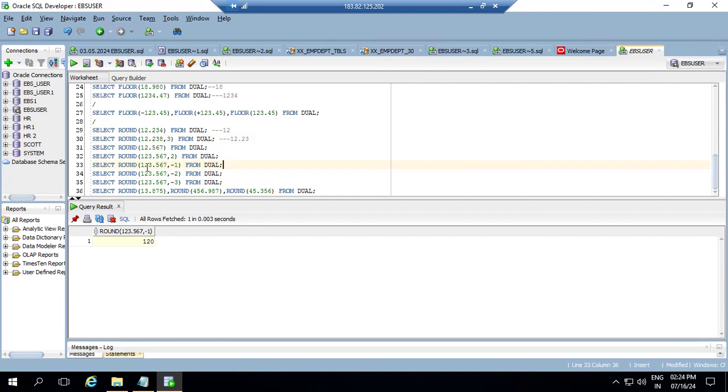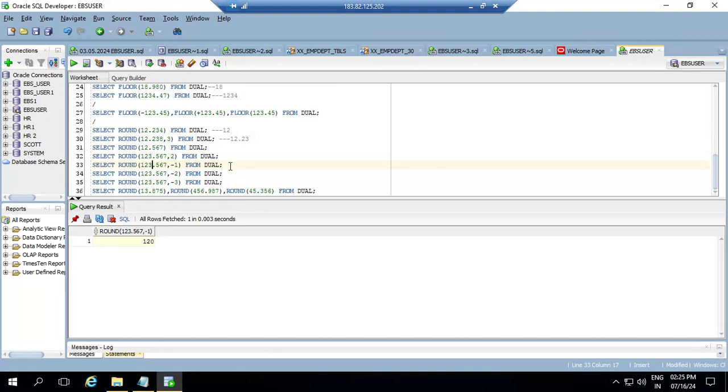So it goes to the left side when it is minus. When it is minus 1, it takes the first digit, like the ones, tens, hundreds. So it goes to the first one, and 3 is less than 5. When we have less than 5, it will consider as 0 only. Obviously you get the output like 120 over here.